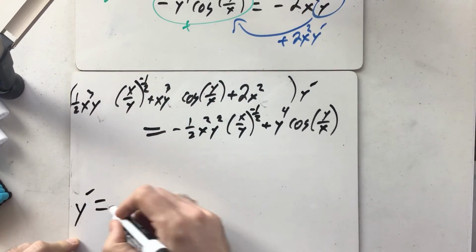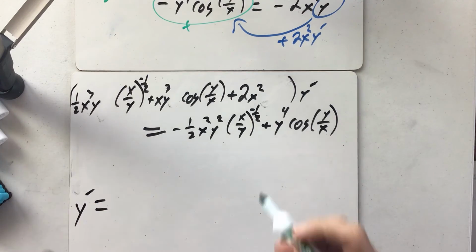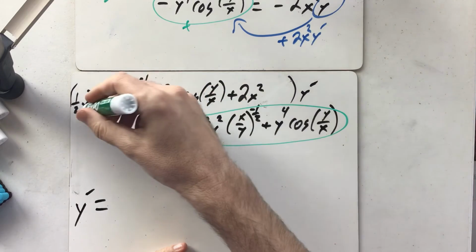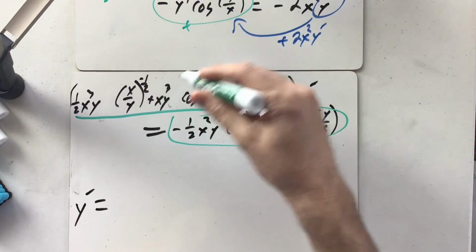And that is y prime equals all of this over here, divided by all of this over here.